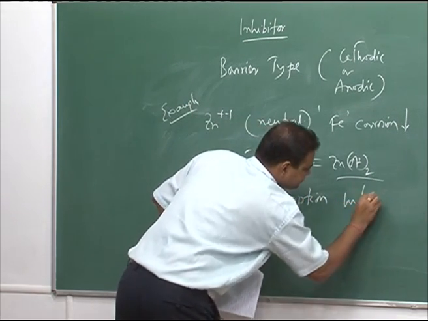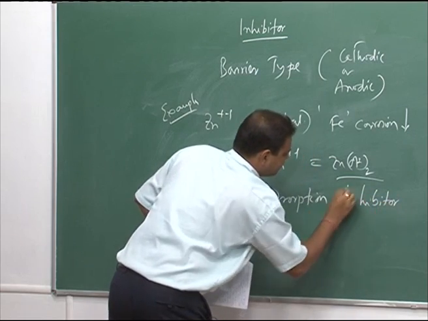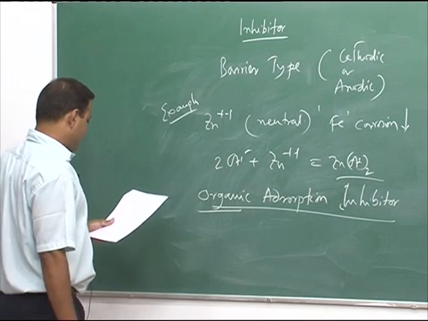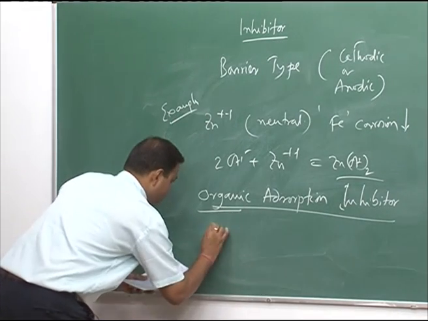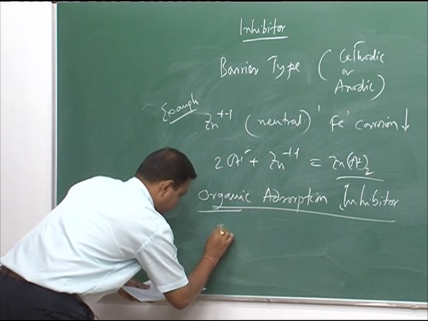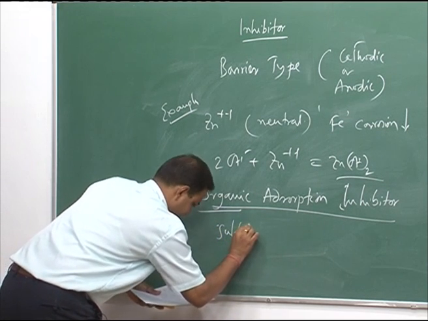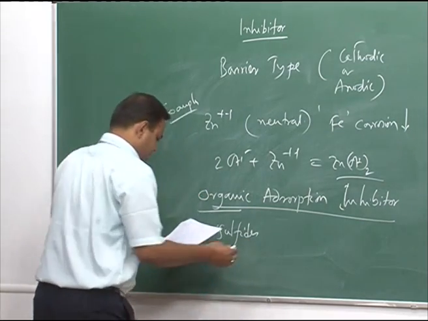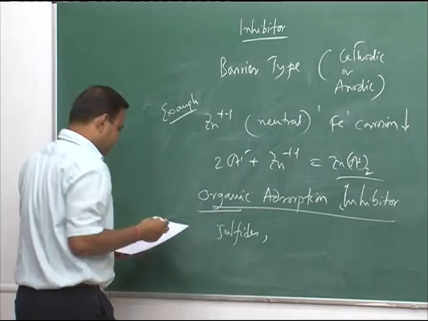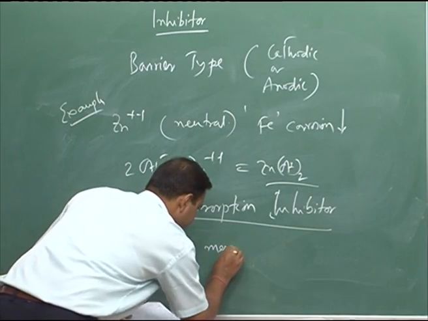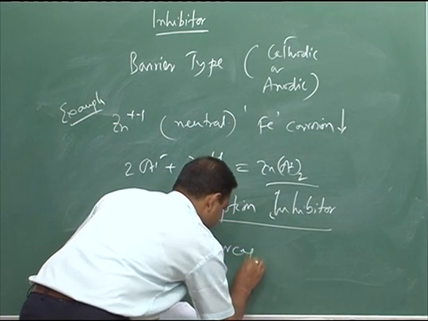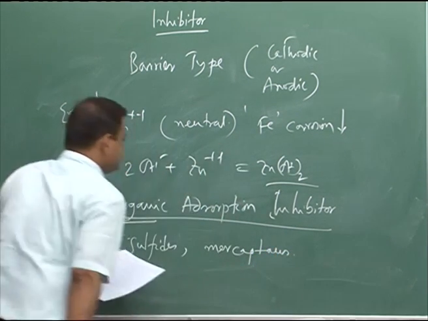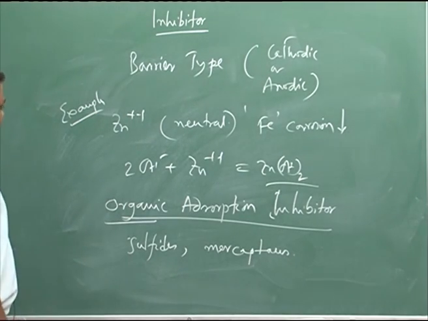And in this case the examples are, for example, sulfides, organic sulfides, or mercaptans. So, those are some organic sulfides.